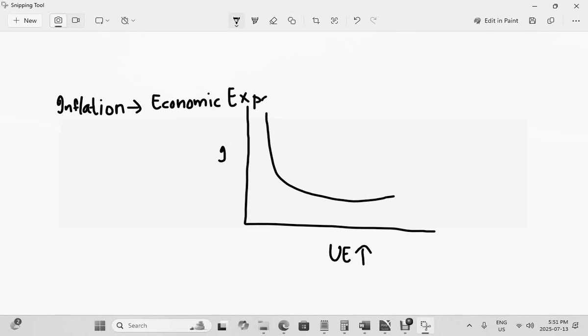So you do have economic expansion, and economic expansion will go up if the interest rates are low.